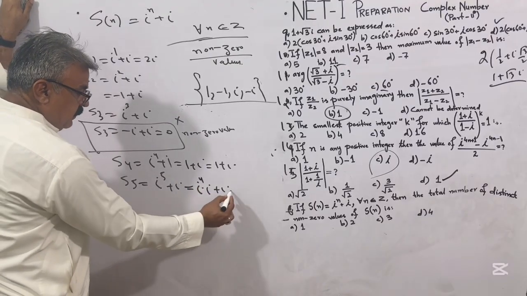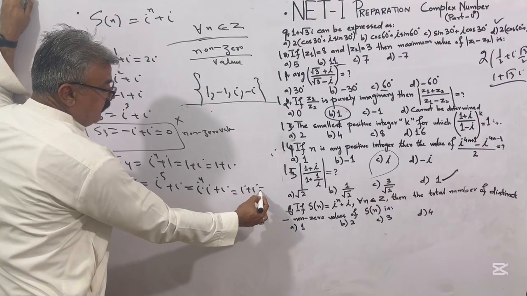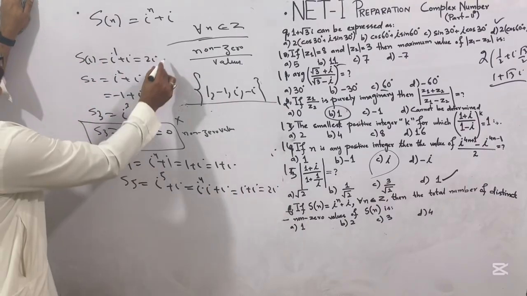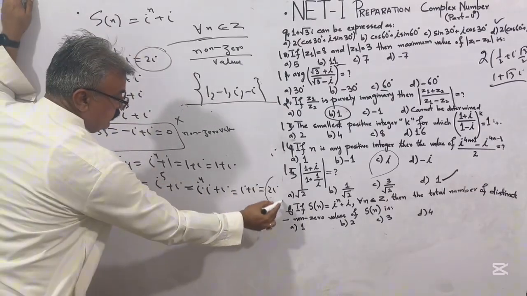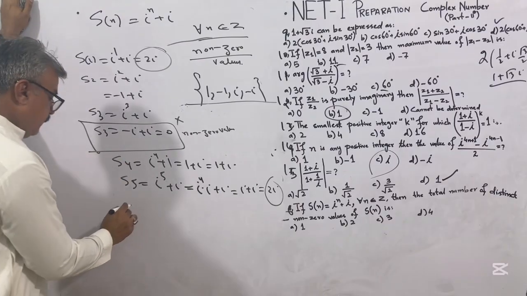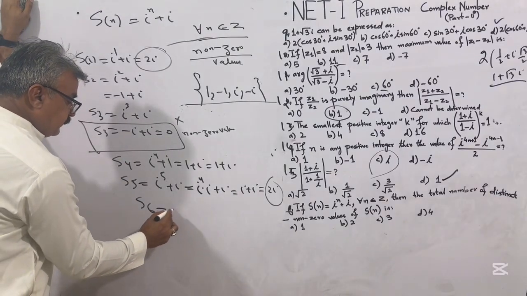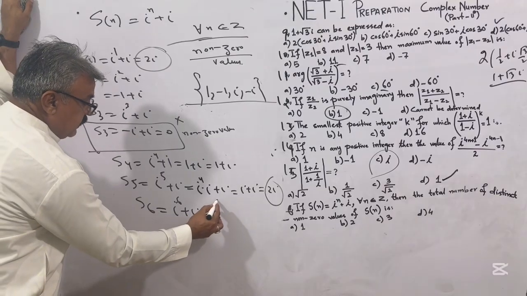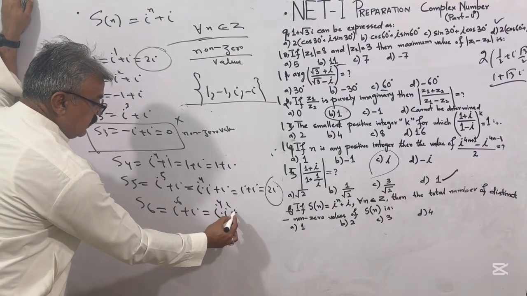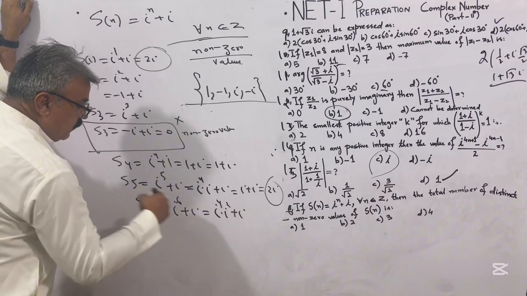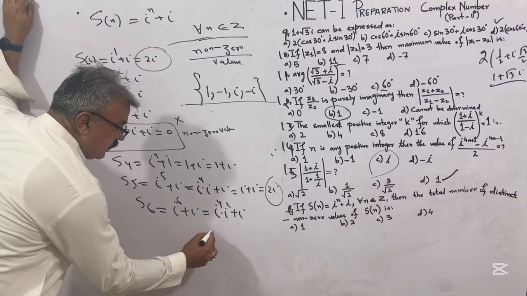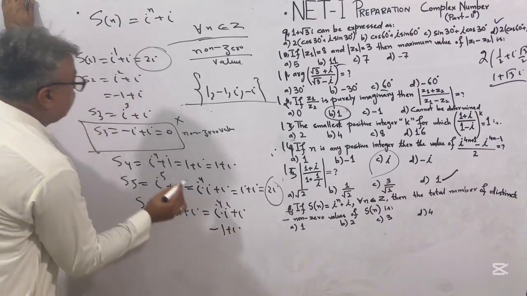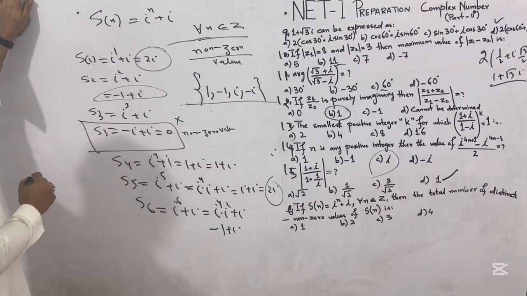Iota power 4 is equal to 1, so iota plus iota. So it is 2 iota. It is repeating now. What about S6? Iota raised 6 plus iota. Iota raised 6 can be written as iota 4 times iota square plus iota. Iota power 4 means 1, iota square means minus 1, so minus 1 plus iota. Here this possibility also repeats.